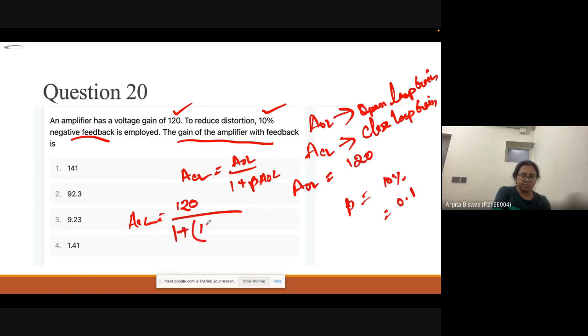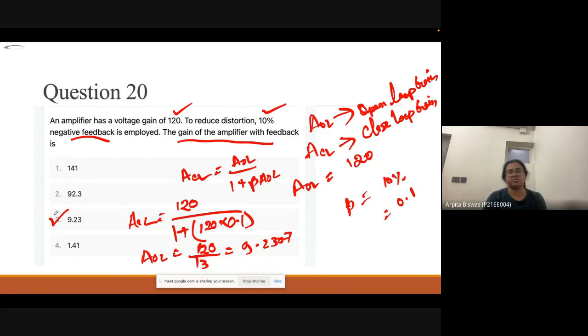A value is 120 into beta. Beta value is 0.1. So 120 by 13. So this value is coming around 9.2307. Okay. So what is the right option here? 9.23. Option 3 or option C.